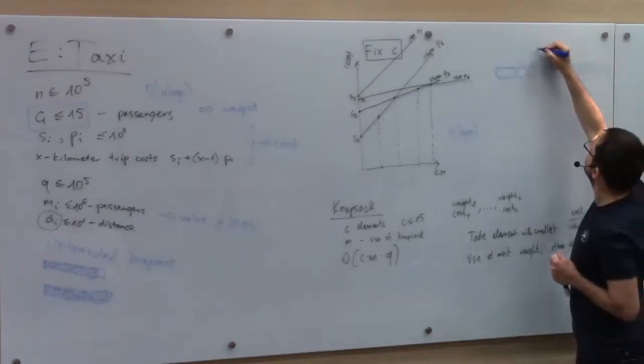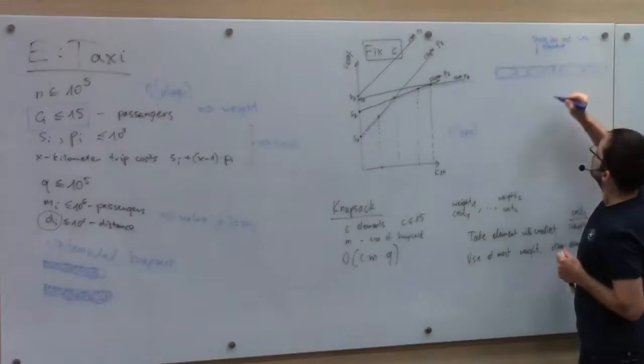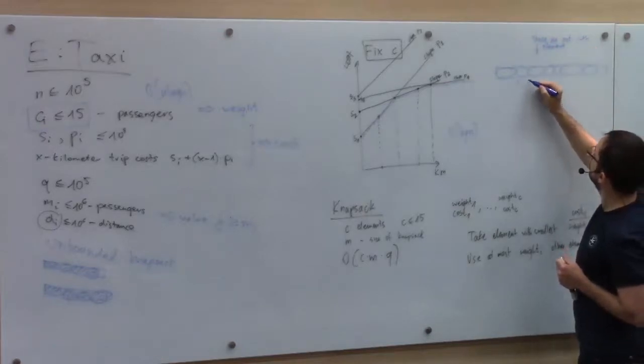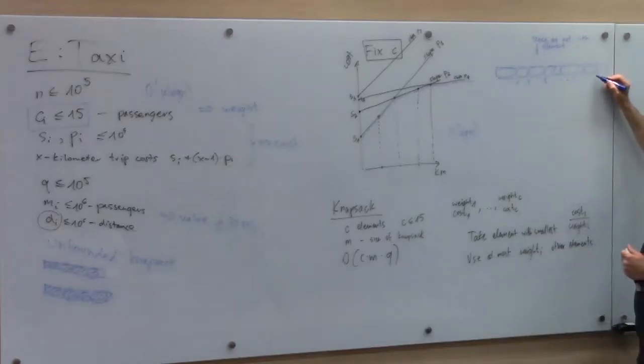So all of these are not the ith element, and we have 1, 2, 3, more than weight I of them.